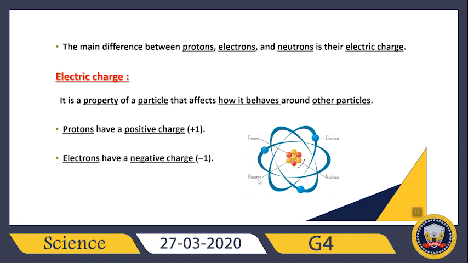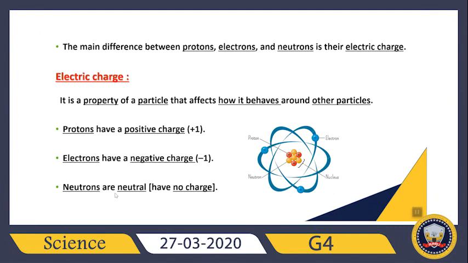But can you see the neutron? The neutrons have no charge, because neutrons are neutral. Neutral means they have no charge, neither positive nor negative.